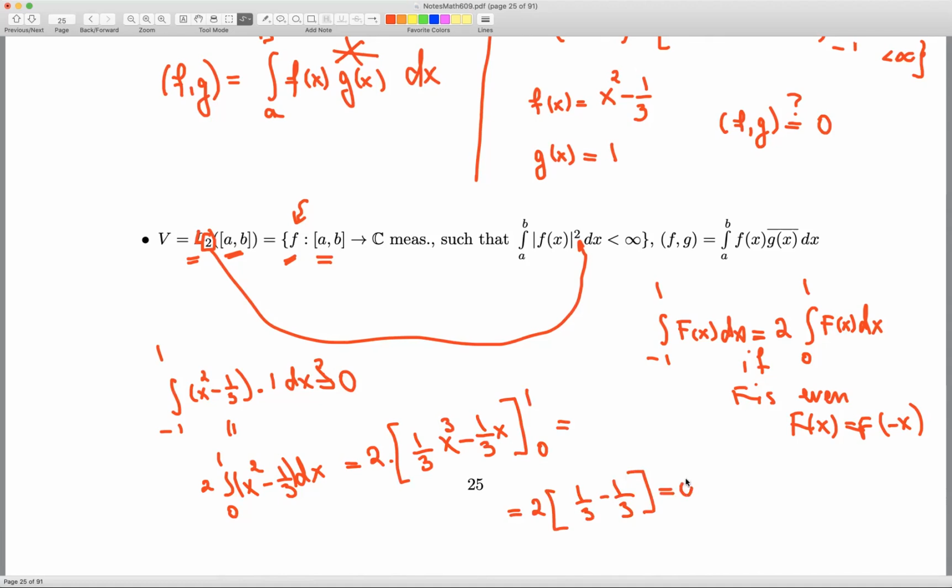So this will be equal to 0. So indeed, we ended up with two functions, x squared minus 1/3 is the first function, and 1 is the second function. And we showed that these two functions are orthogonal on the interval [-1, 1].